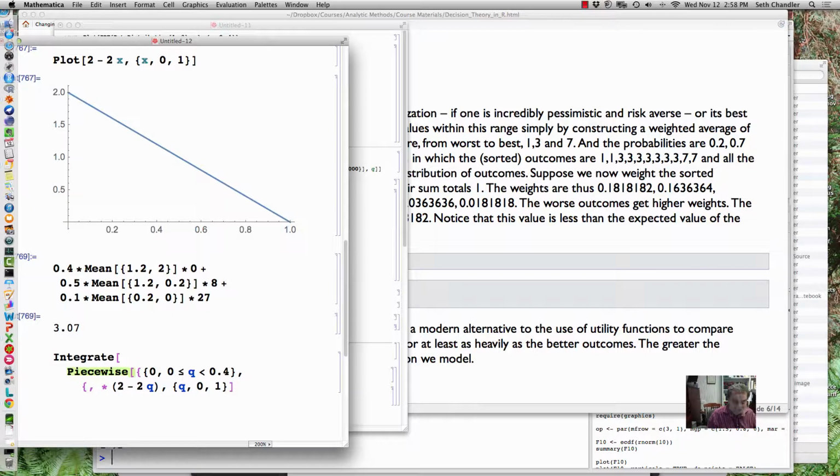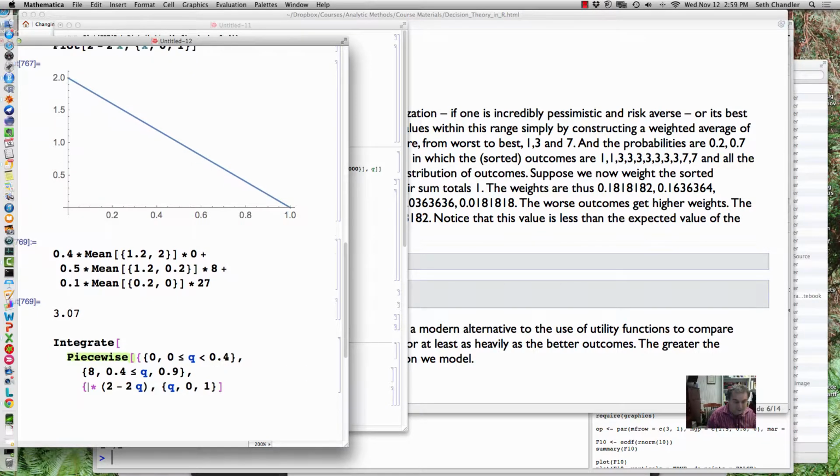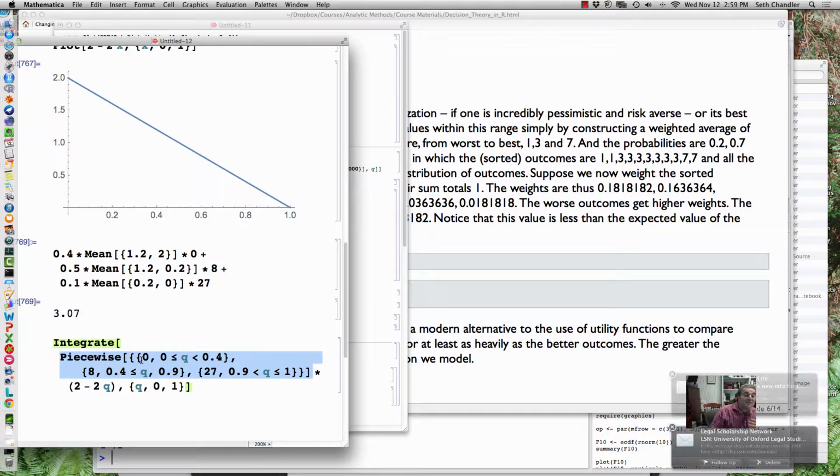If q is between 0.4 and 0.9, then we want to multiply by 8. And if q is between 0.9 and 1, then we want to multiply by 27. So I've created a function here that expresses the value as a function of the quantile.